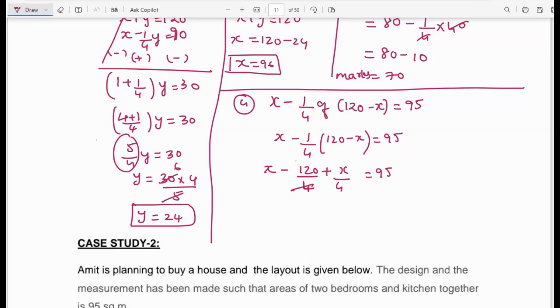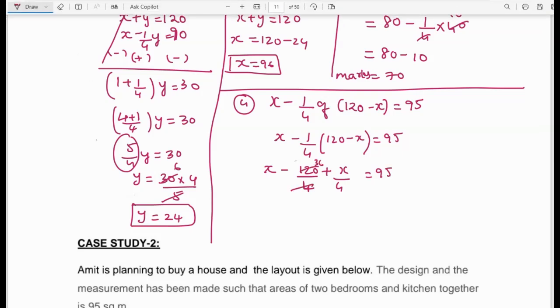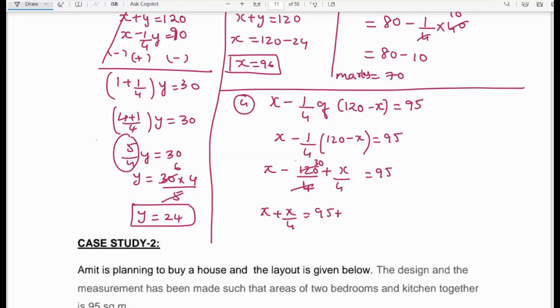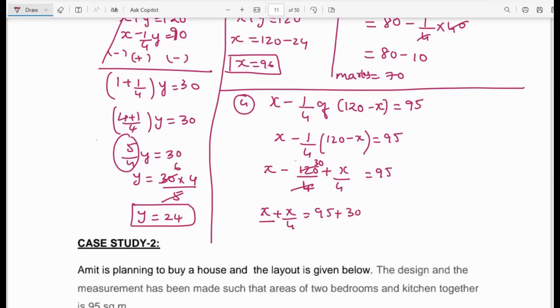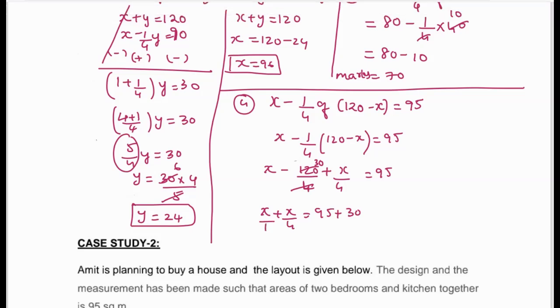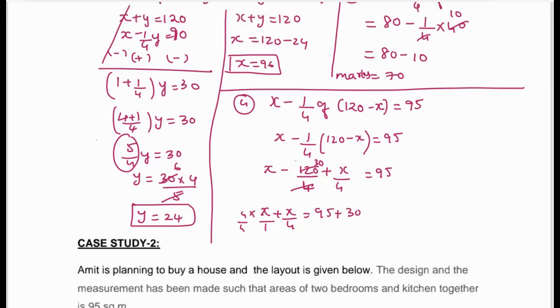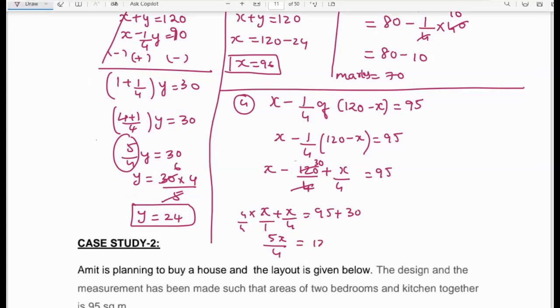Now 4 times 30 is 120. So x plus x by 4 is 95 plus 30. If you take LCM, 4x plus 1x will be 5x divided by 4 is 95 plus 30, which is 125.